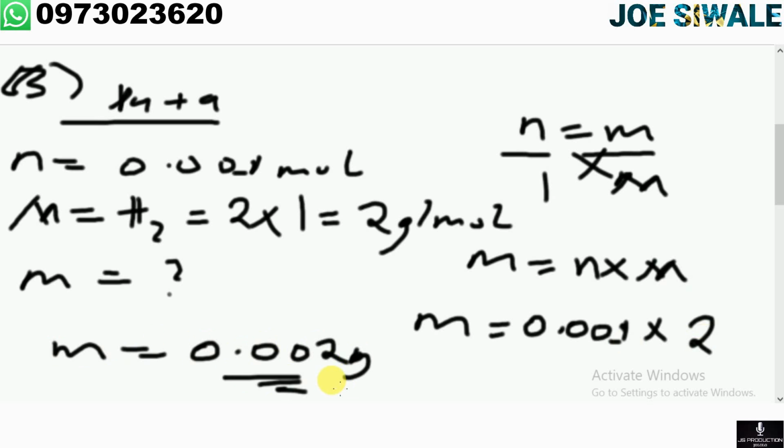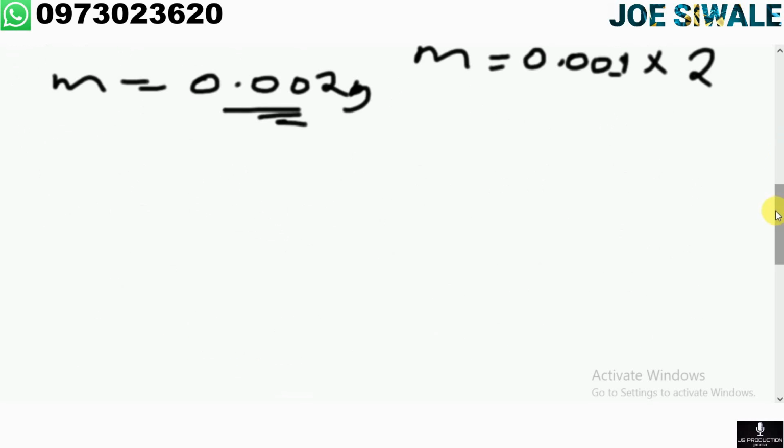Let us look at question 4. Question 4 reads, find the molar mass and name the element using the periodic table. Then A, there I have mass is 2 gram and the number of moles is 0.05 mole.